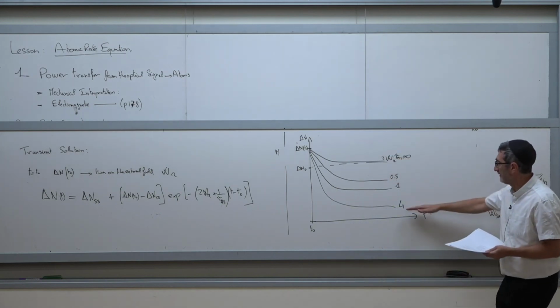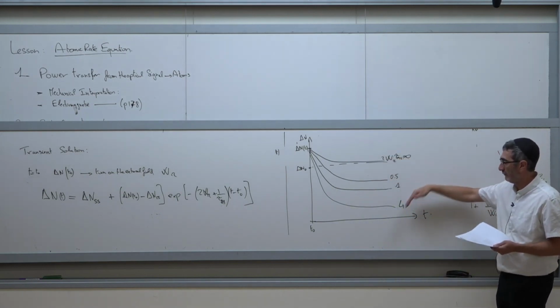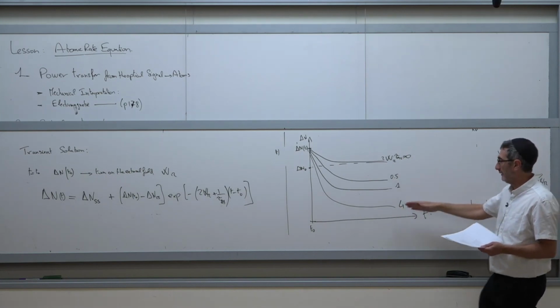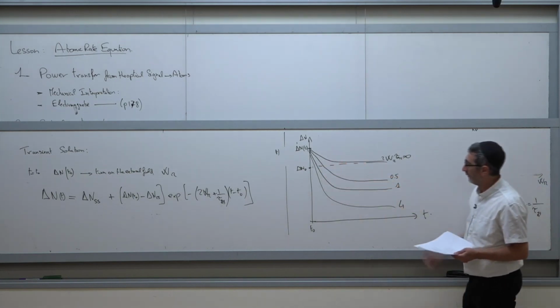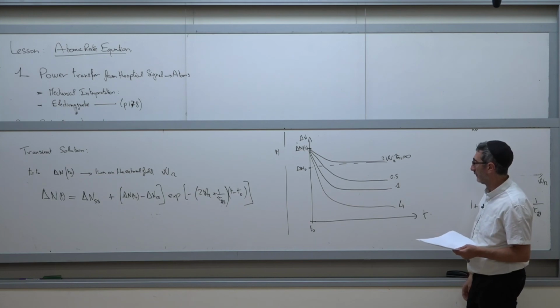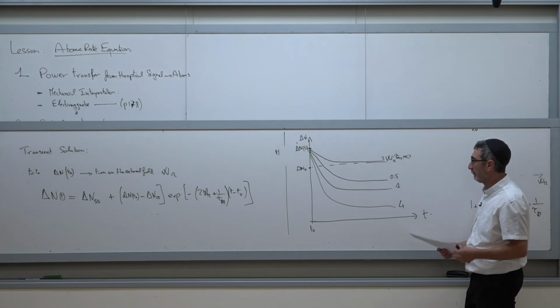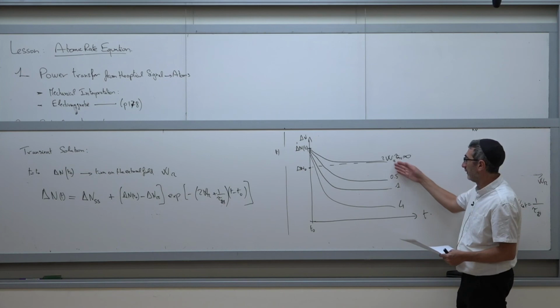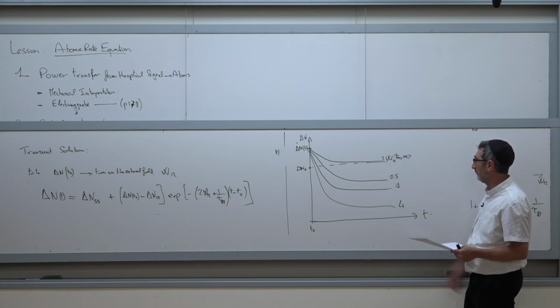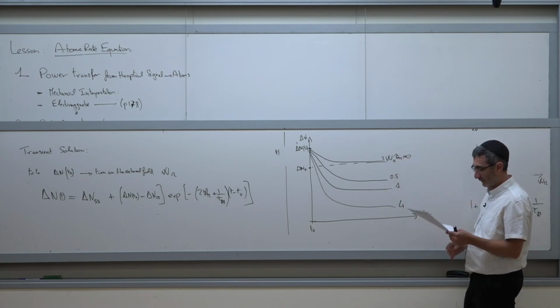So this is the steady state solution for large time, and this is the transient, starting from an initial value. You see how the population will evolve as a function of time when you force the system with a given field, W12, with different values of this field.